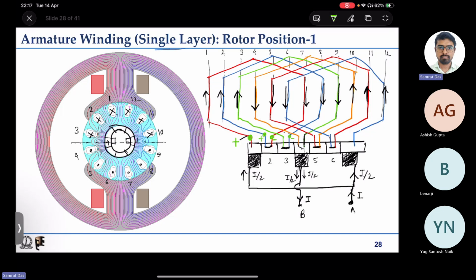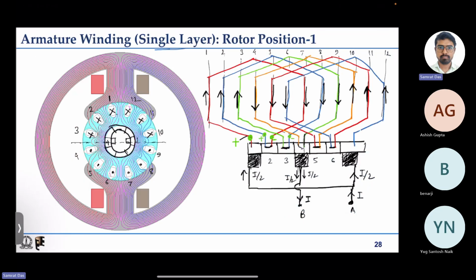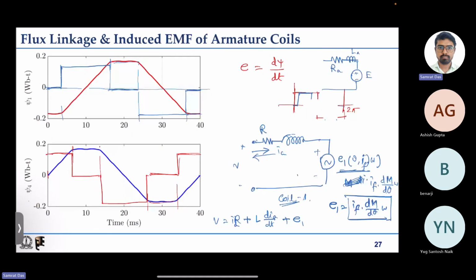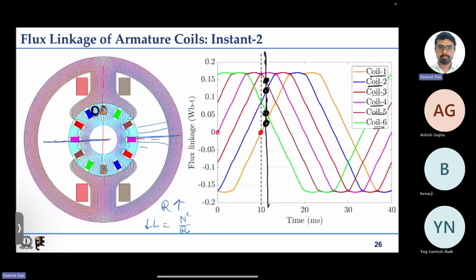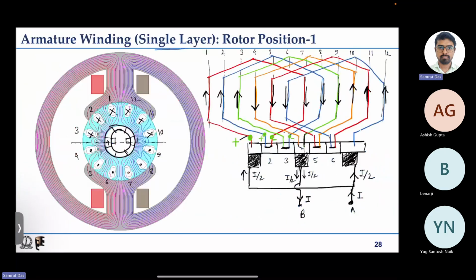Now the green one, or coil 3, so now the color does not match. Coil 3 is having 0 voltage. So coil 3 is like there is no voltage across it. Coil 4 also there is no voltage across it, and coil 5 and coil 6 are actually having negative voltage.